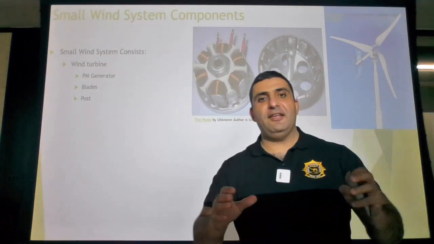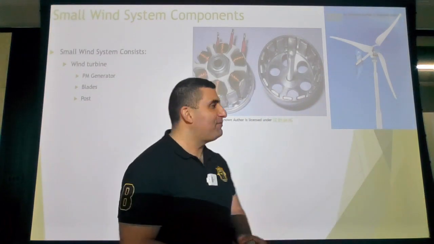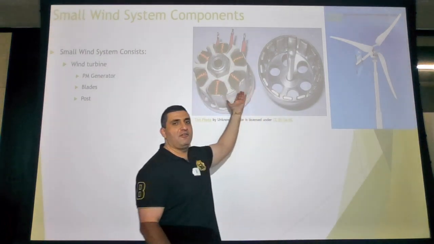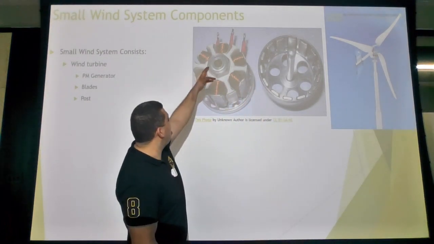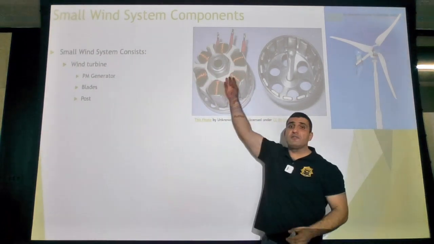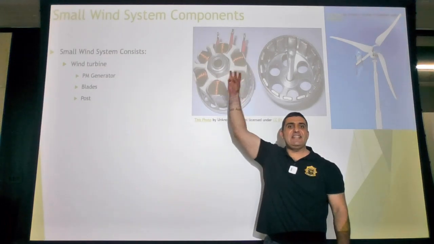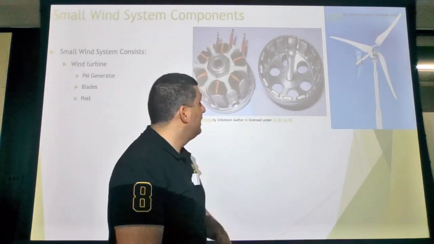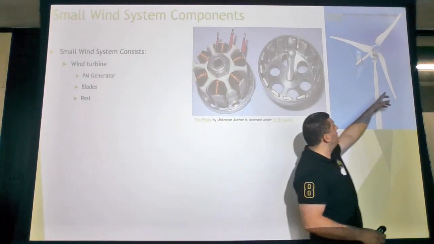Guys, 90% or 95% of small wind turbines for residential property are made of permanent magnets. Guys, pay attention to the 3 wires on top. Because of the rotation, this will give you a 3-phase AC circuit, alternating current at a different frequency, depending on the rotation of your blades.